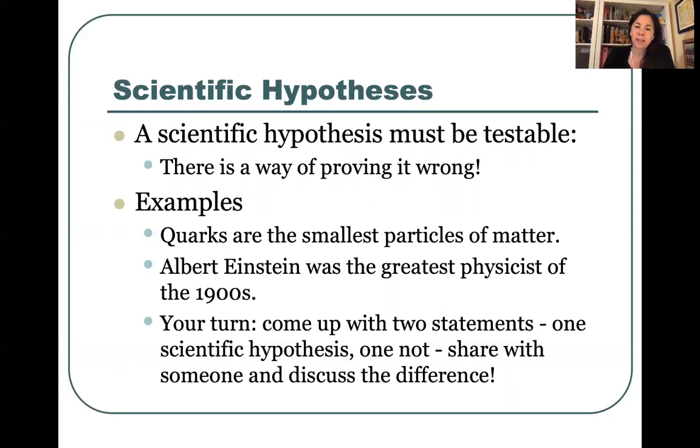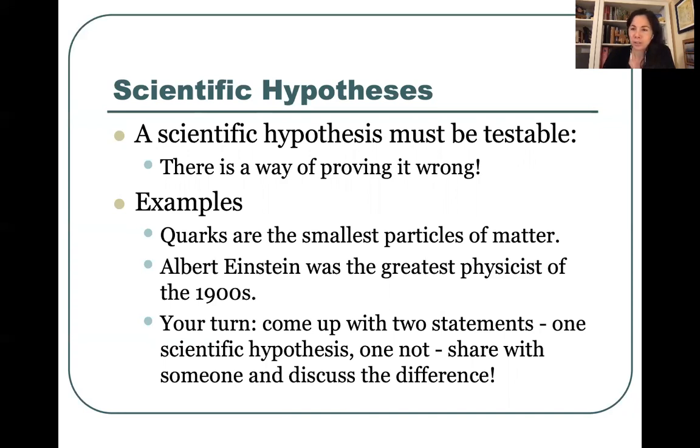So a key thing here is that it has to be testable. Okay, so we need to have a way to prove it wrong. Even if we don't necessarily want to, it needs to be something that can be proven wrong. Otherwise, if you cannot prove it wrong, if it's not testable, then it's not a scientific hypothesis.